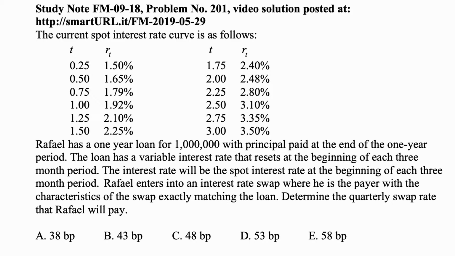So, looking back, what we would call in arrears if we were talking about a swap. And Raphael enters into an interest rate swap where he is the payer with the characteristics of the swap exactly matching the loan. So the swap will be also settled in arrears. Determine the quarterly swap rate that Raphael will pay.